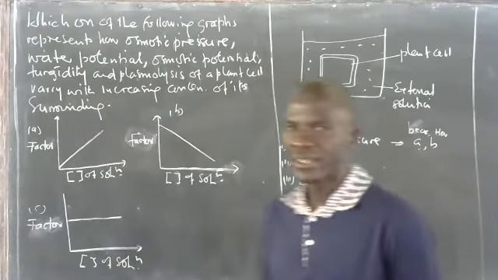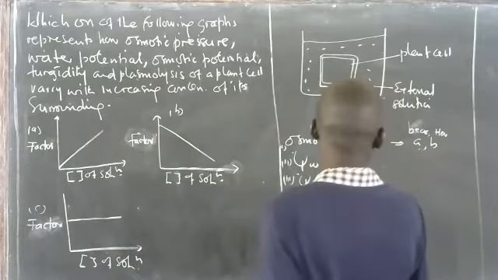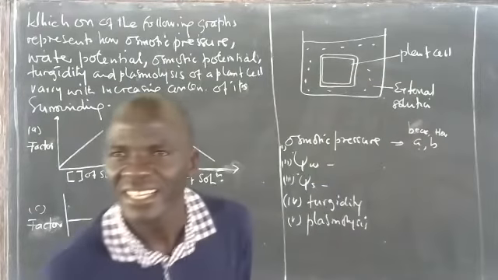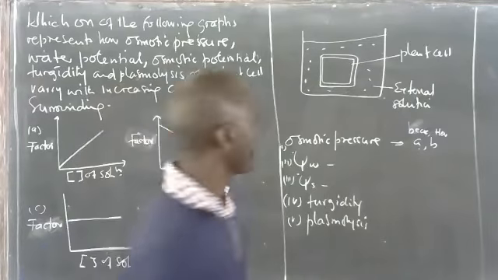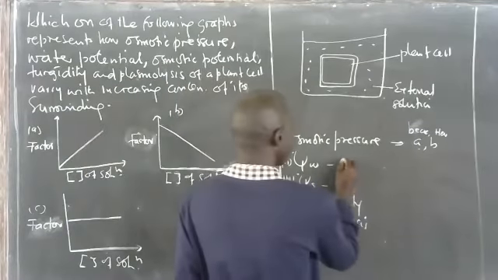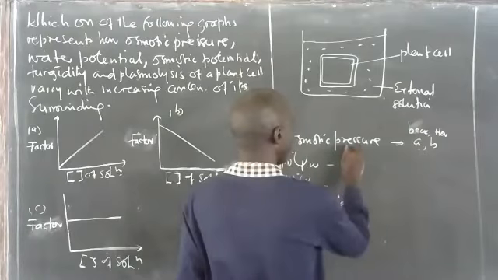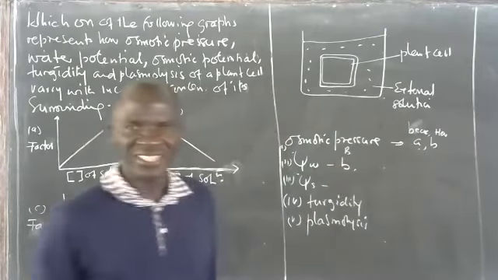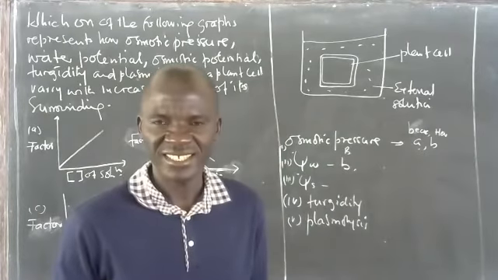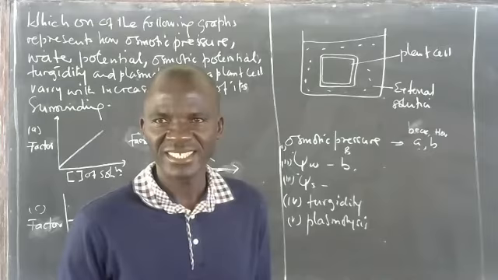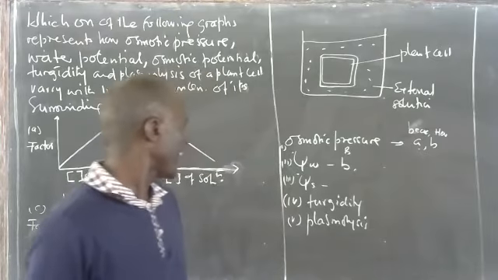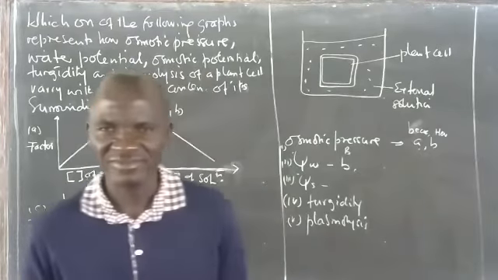Graph B. Who is this? Becky. Still Becky. Okay. Graph B. Any other person? Okay, what about solute potential?